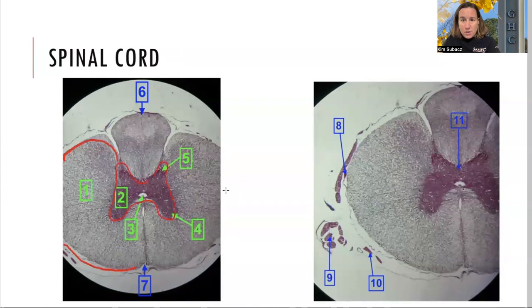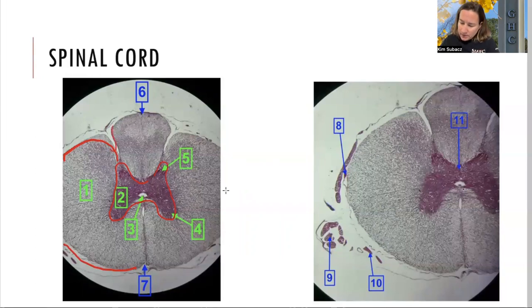On the gray matter, you do need to know, are you looking at the anterior side or the posterior side? Because they have horns, anterior horn and a posterior horn. How I figured that stuff out is, how am I looking at the anterior or the posterior side of the gray? There are grooves on the spinal column in the white matter. So if we're looking at this white matter, check it out.